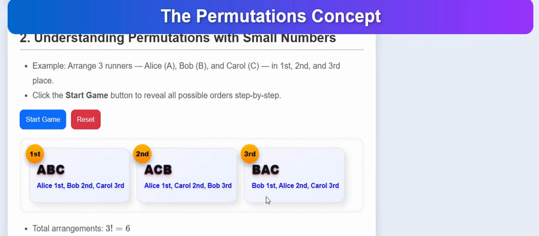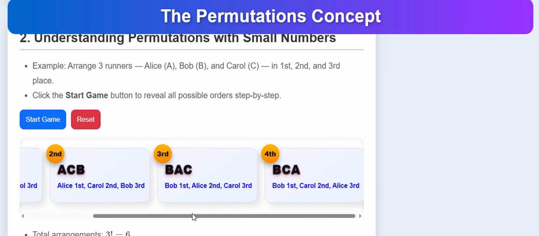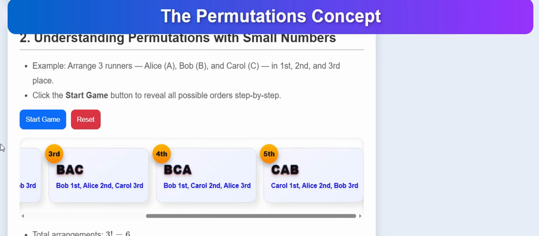Then the third arrangement: Bob first, then Alice second, then Carol third. Then again, Bob first, Carol second, then Alice third. And I can continue like that all the way to the 5th arrangement and even the 6th arrangement. So I can arrange these runners in 6 different ways.